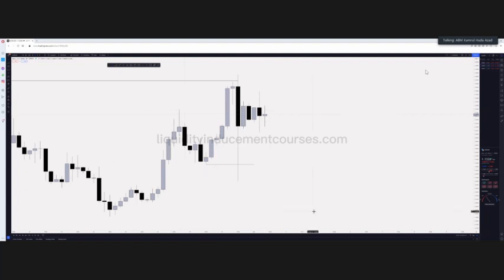So now, if for example price respected this efficiency and did something like this, what it is going to do is come back here, get efficient again, then grab this liquidity. If this is still continuing higher, it will grab that liquidity finally here and then continue higher.